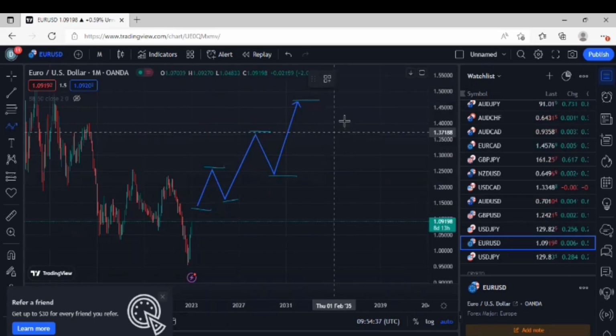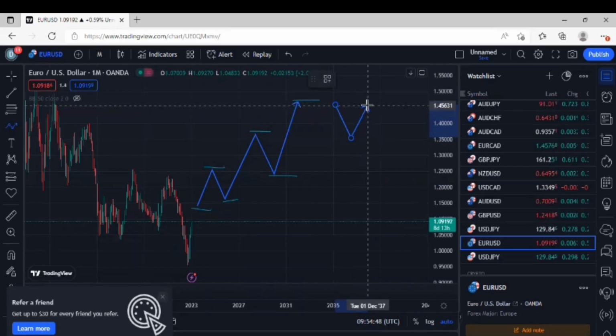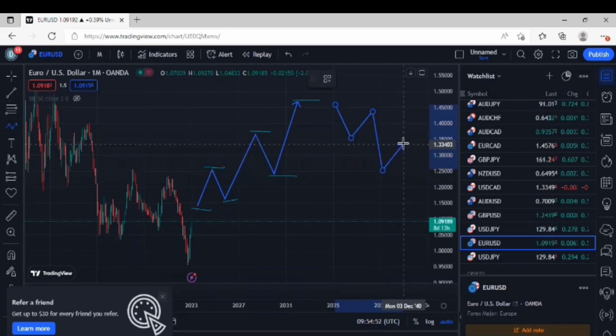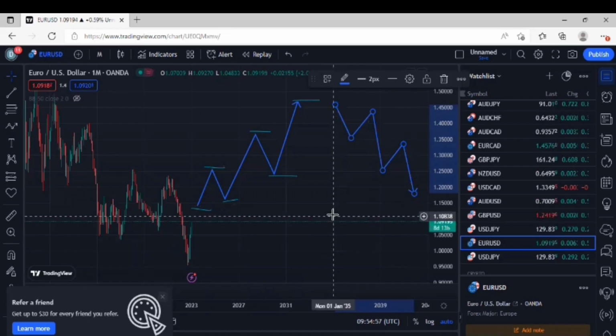For the bearish, we have the low, the lower high, the lower low, the lower high, the lower low, and so on and so forth.